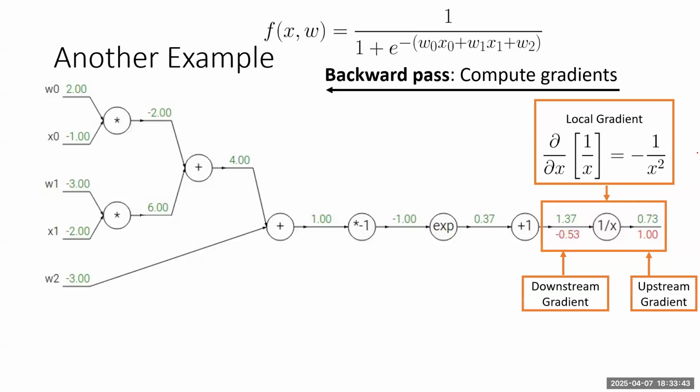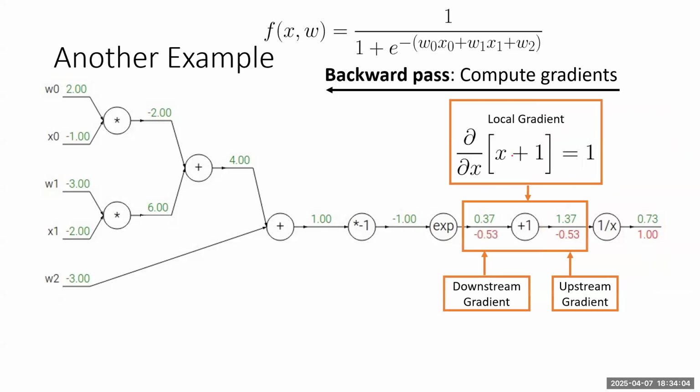This is the local. So this will be f equals x plus 1. What's f dash? It will be 1, multiplied times this one will produce this. As you can see, 1.